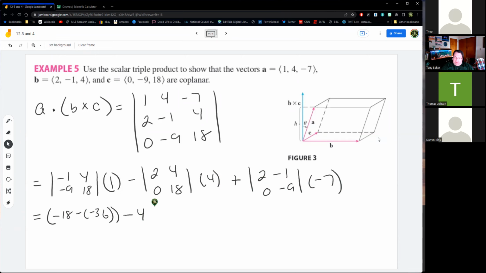I've got 4 times 36. Then I've got -7 times -18. So that ends up coming out to be 0. So that means there is no vector that can be perpendicular to all of them. So that means those three vectors must be coplanar.